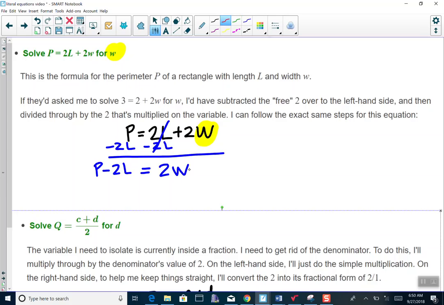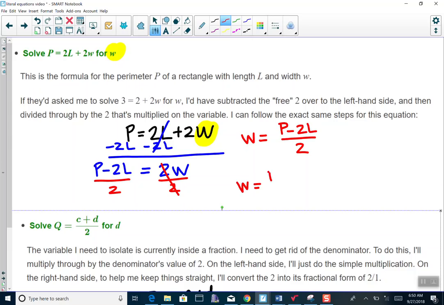Okay, and then now I'm down to my last step. If I want to isolate W, this is really multiplication. I can undo that with division. Okay, and you may see answers written more than one way with literal equations. Okay, you may see your answer being left as P minus 2L divided by 2. You also may notice that if you split these up, you can simplify a part of this.